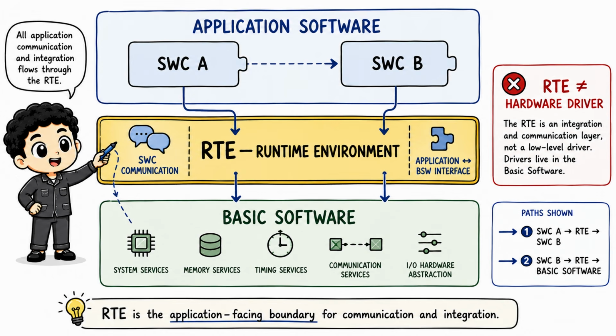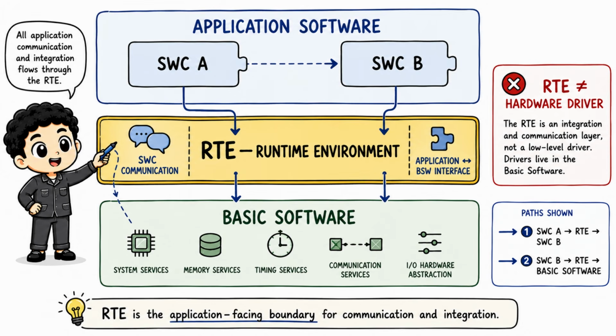Directly below the application is the Runtime Environment, or RTE. AUTOSAR describes the RTE as the interface used by the application layer for communication between software components and for access to basic software. Think of it as the application-facing communication and integration boundary of a configured Classic ECU.